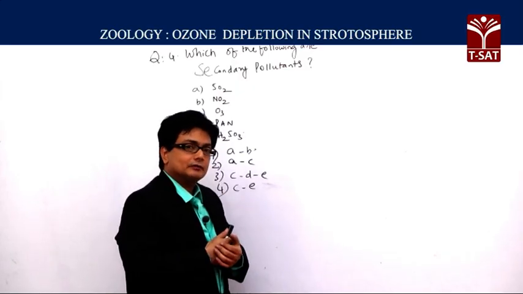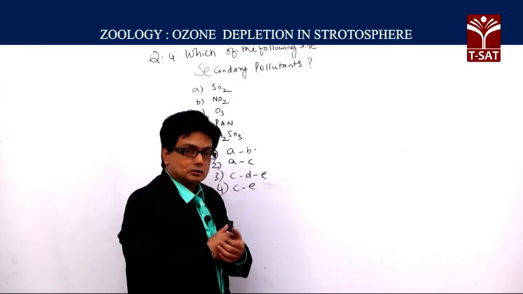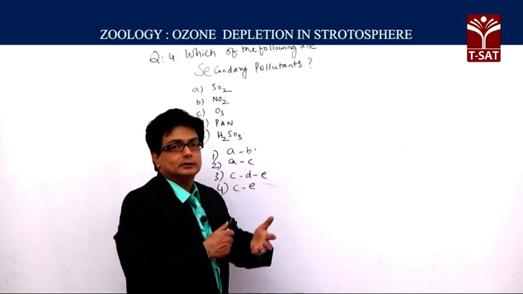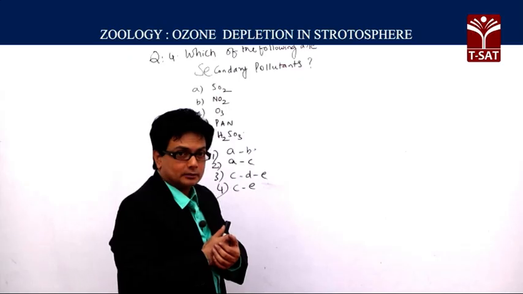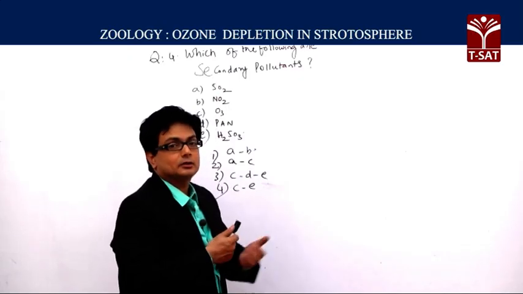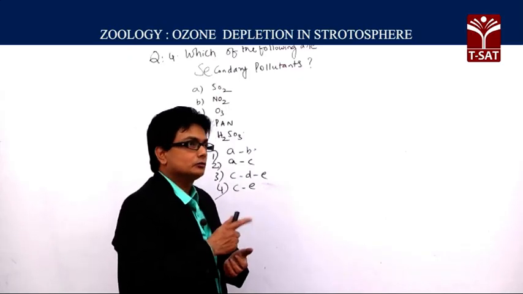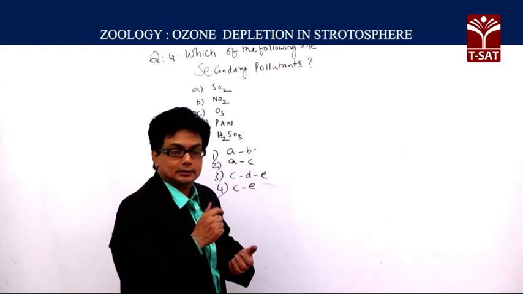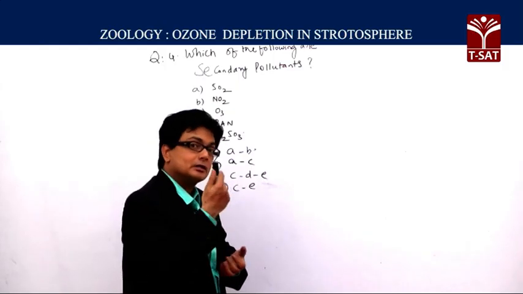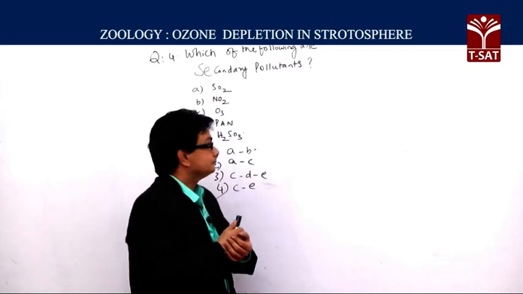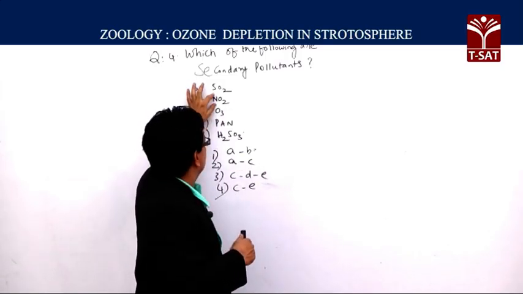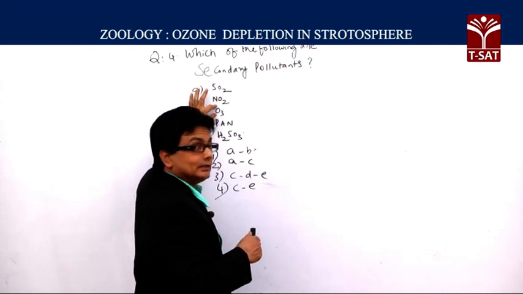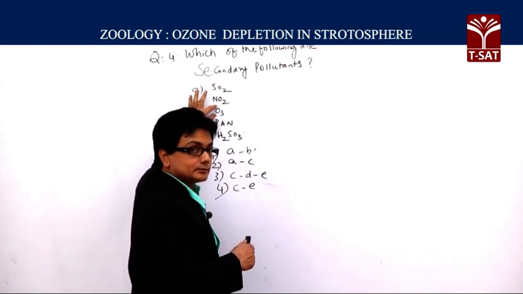When these oxides of sulfur react with the water vapor, forming sulfurous acid, SO2 reacting with H2O, giving you H2SO3, that is sulfurous acid, that becomes a secondary pollutant. And oxides of nitrogen, again primary pollutants, and ozone is a secondary pollutant.